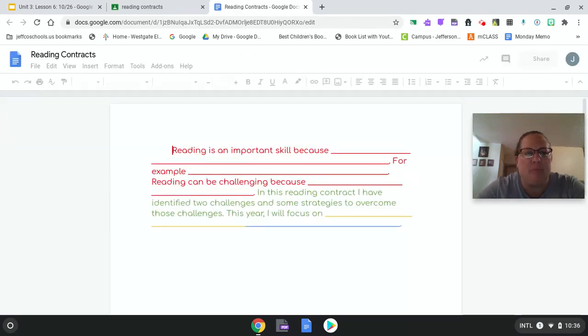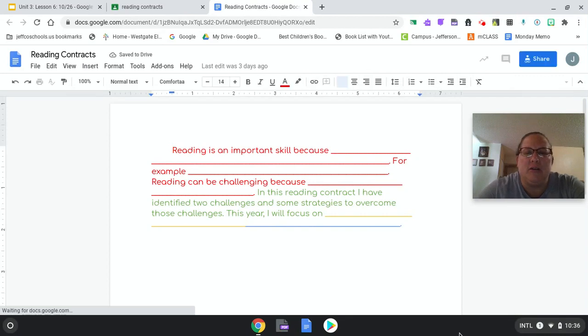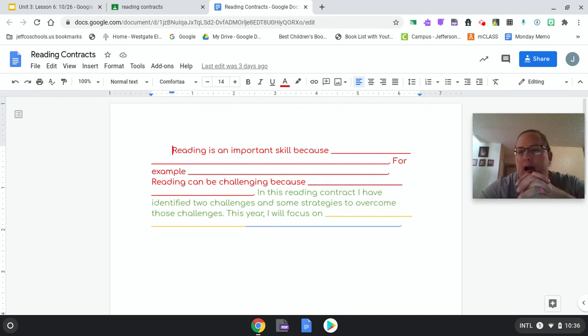Okay, this is your template. Look here. Mrs. Sierra has already color coded and given you some sentence stems. Now, if you choose to change them, that is totally fine. I am not going to be sticking to this, but I just wanted to help you out so that you knew how to form an introduction paragraph.